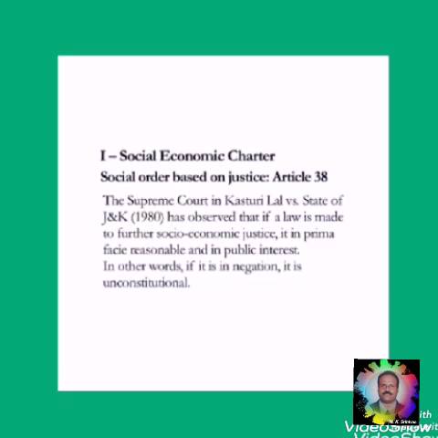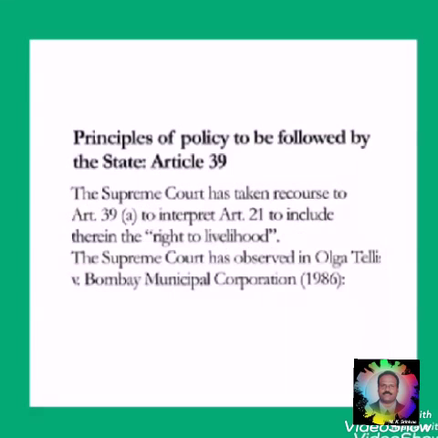Then coming to number 1 charter, that is Social Economic Charter, social order based on justice, Article 38. I already spoke. The Supreme Court in Kasturi Lal versus State of Jammu and Kashmir, 1980, has observed that if a law is made to further socio-economic justice, it is prima facie reasonable and in public order.